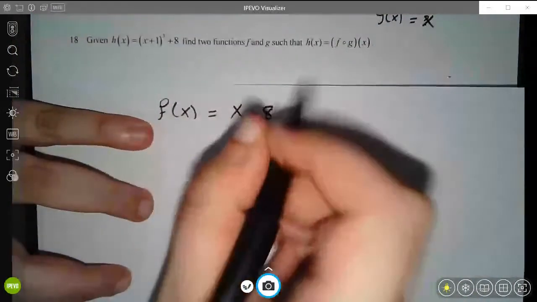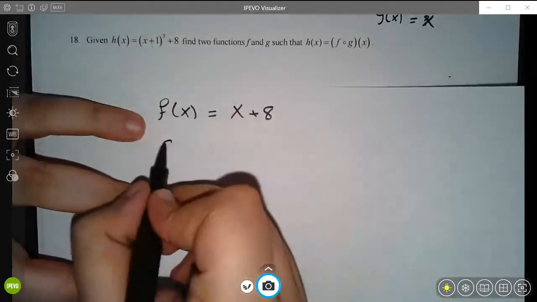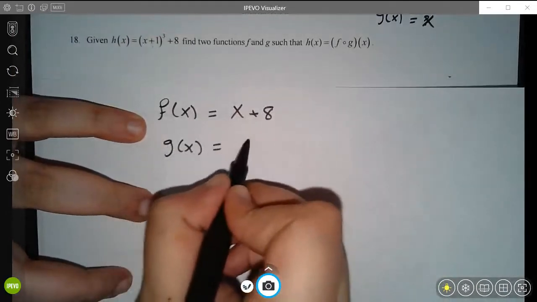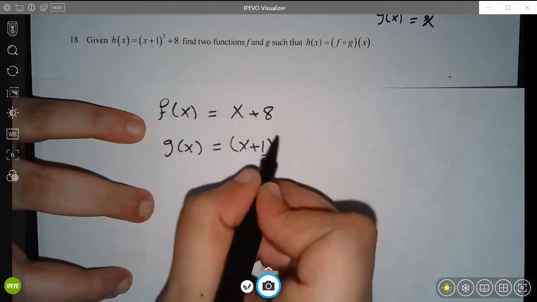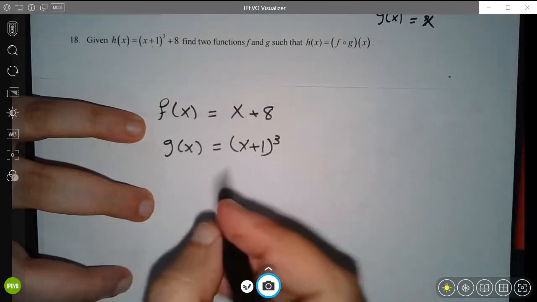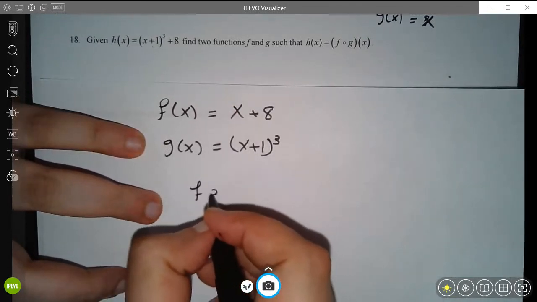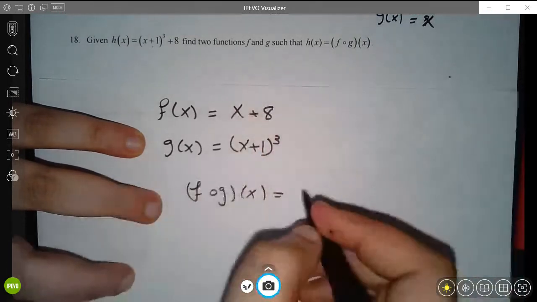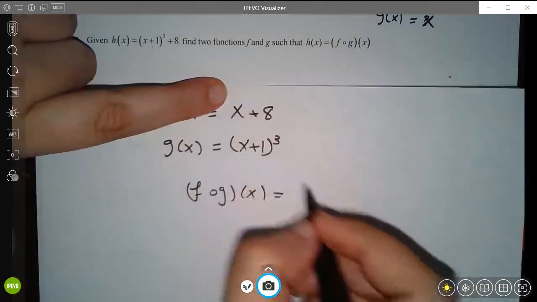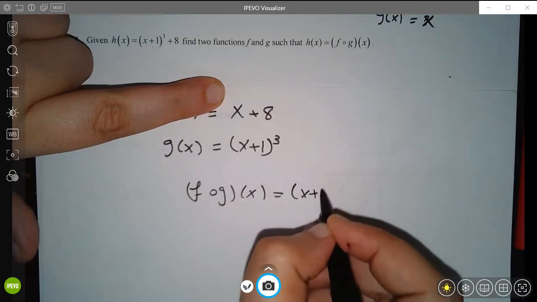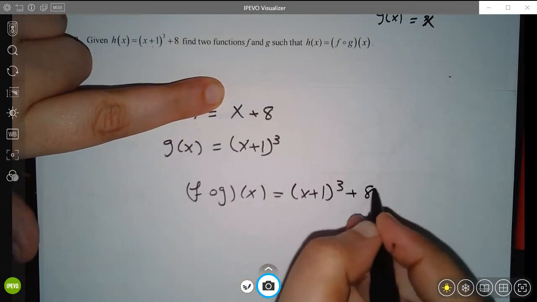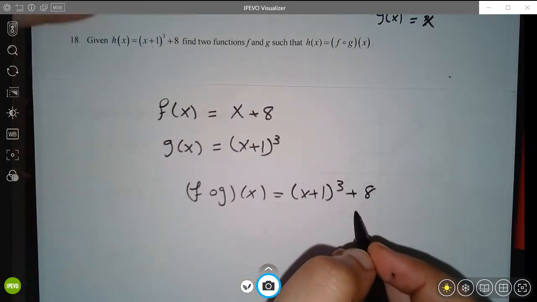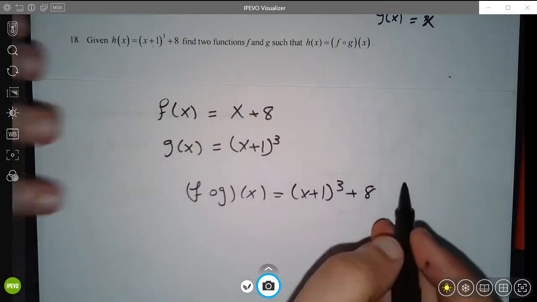The composition of these two would look like this. So I'm plugging g into f, yes? Instead of this x, I'm placing this whole thing. So it's x plus 1 cubed plus 8. Does it match? Yes, it does.